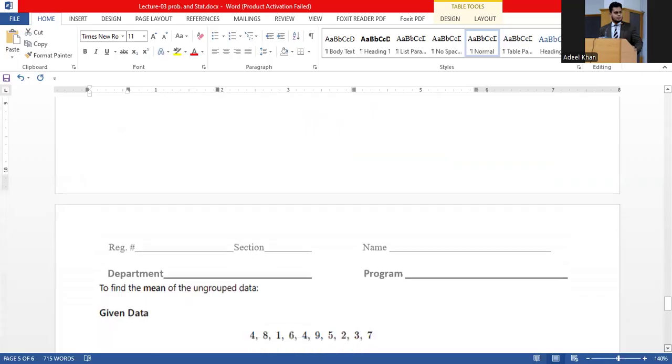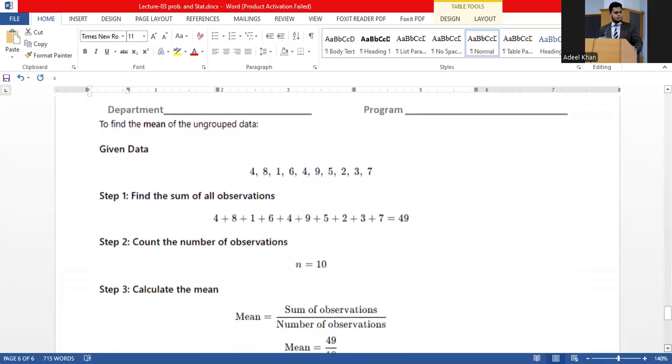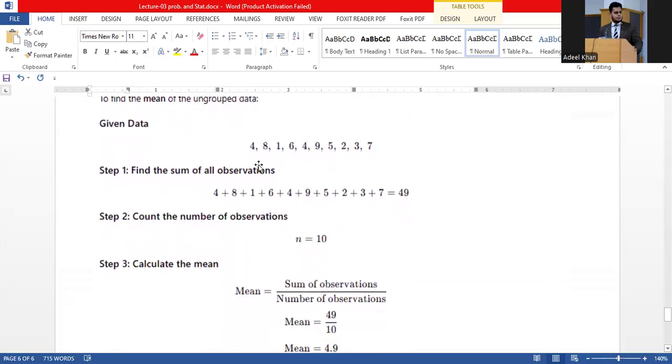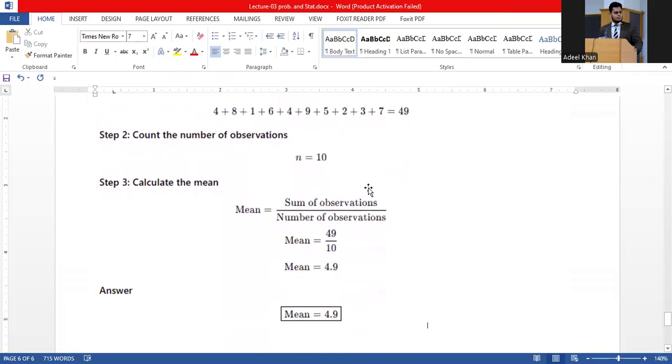Coming towards the solution of this question, for mean, first we take the data, add all these values, and we get 49. The number of values is 10 in quantity. Sum of all values, 49, divided by 10, we get 4.9. So the average of this data is 4.9. So this is the way we can find the data mean.